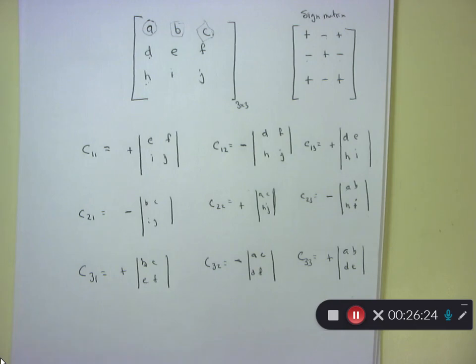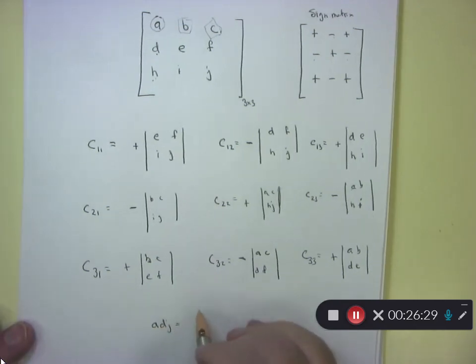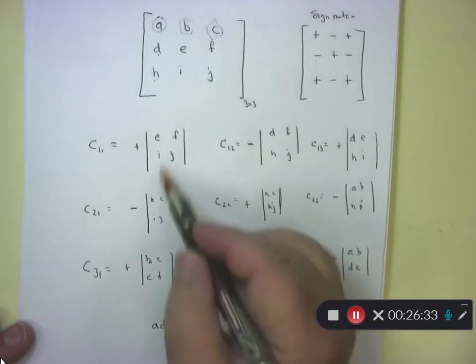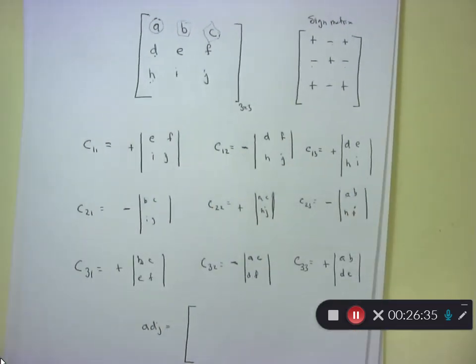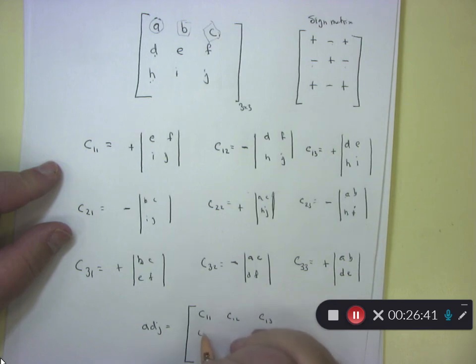So the adjoint matrix is going to be the matrix that has these numbers. Remember, these are numerical values once you take the determinant: C11, C12, C13, C21, C22, C23, C31, C32, C33.